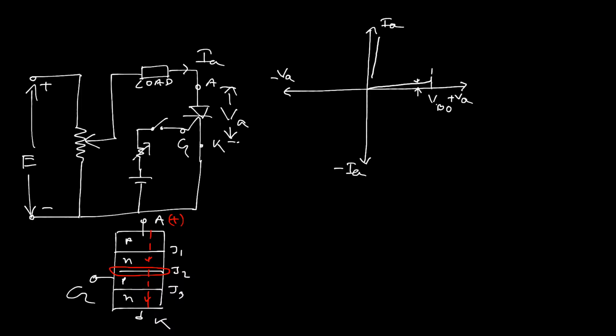That is why the current starts flowing throughout the device and increases rapidly with a small increment of supply voltage. So how is it possible? In some books it can be added by a dotted line like this.